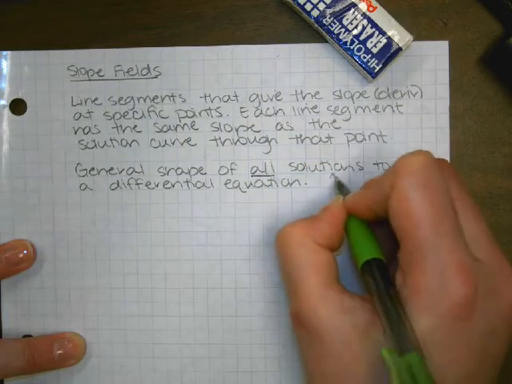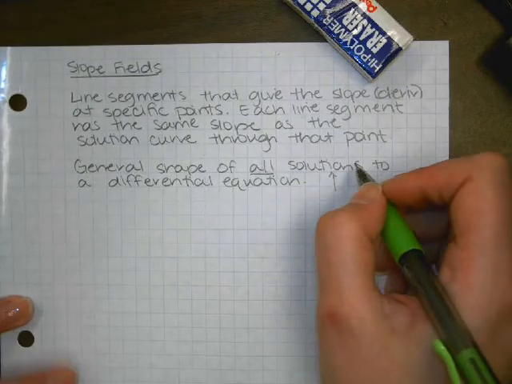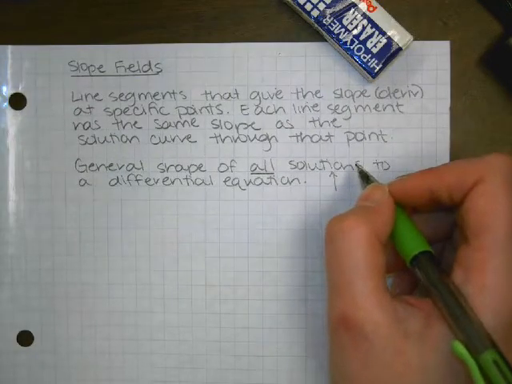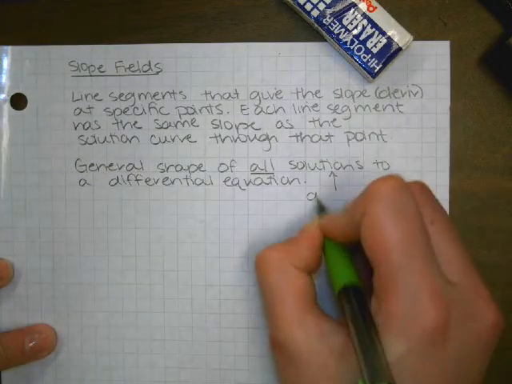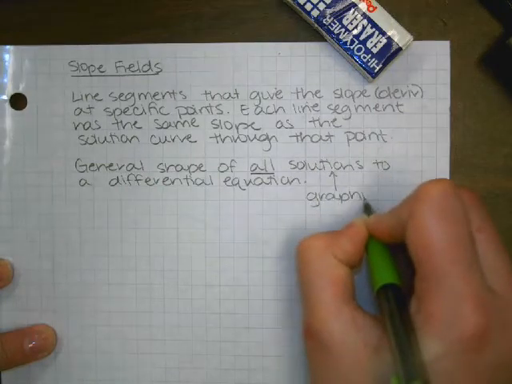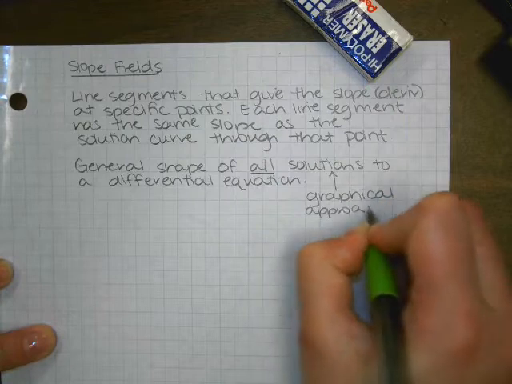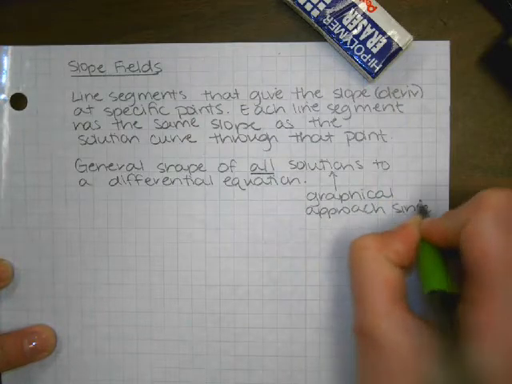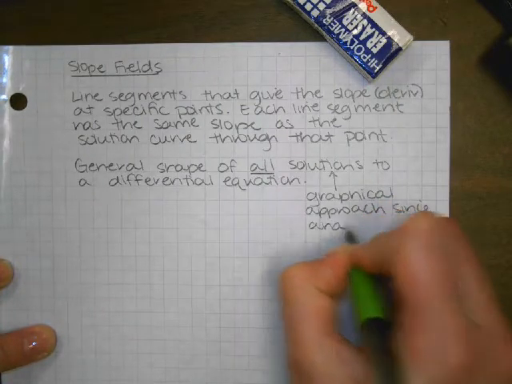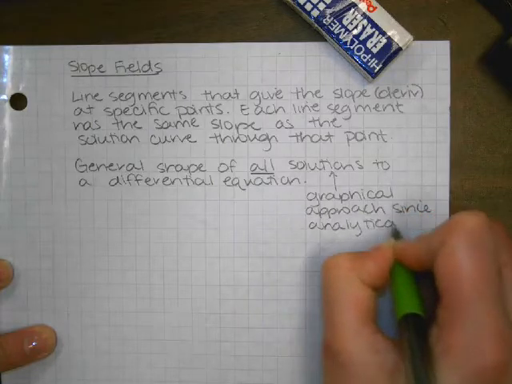And one thing to specify is that when we look at slope fields, when we see all the solutions, this is going to be a graphical approach, since an analytical approach is very difficult or impossible.